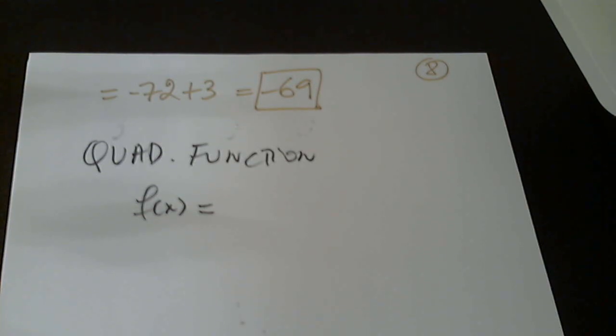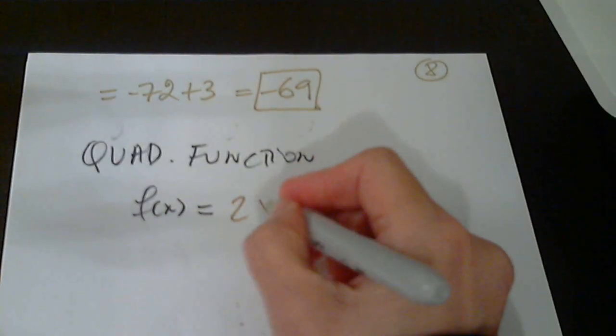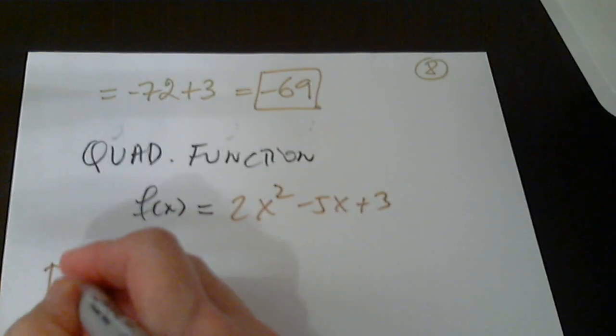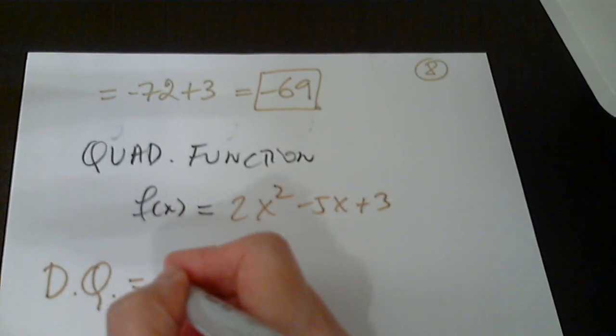Anyone, please? 2x squared minus 5x plus 3. Brilliant. So we want to find and simplify the difference quotient.